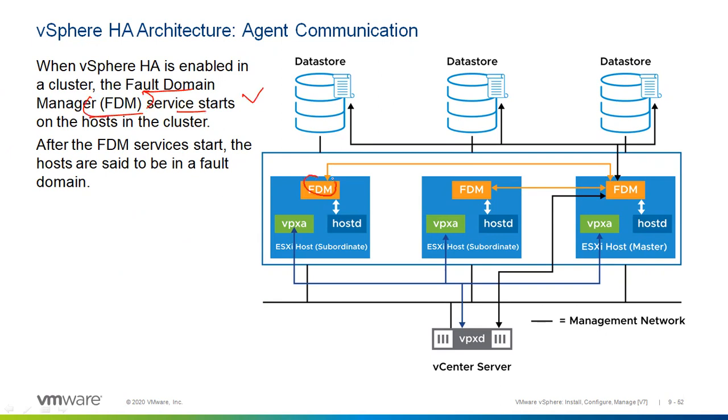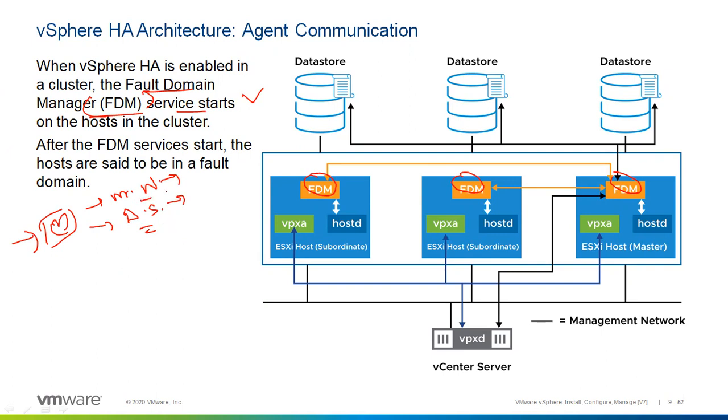You see FDM, FDM, FDM, and a heartbeat communication happens through your management network and also through your shared data stores. So there are two mediums of heartbeat. One is your management network and the second is your shared data store.